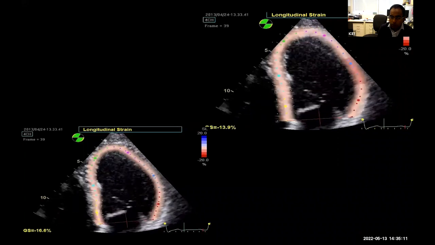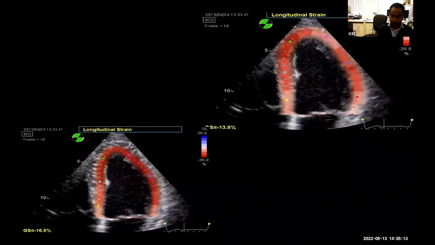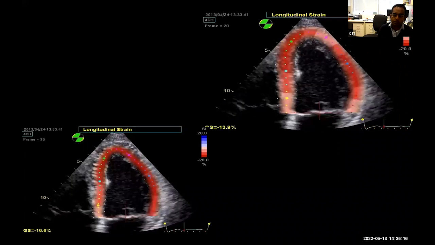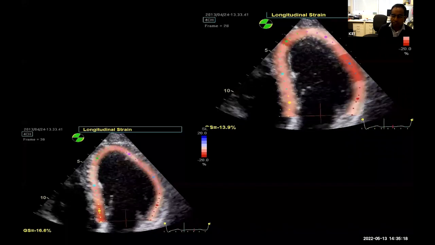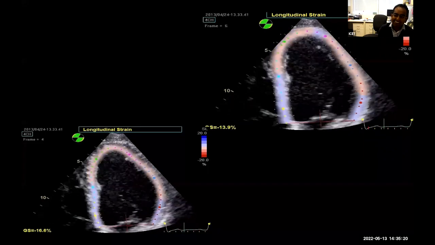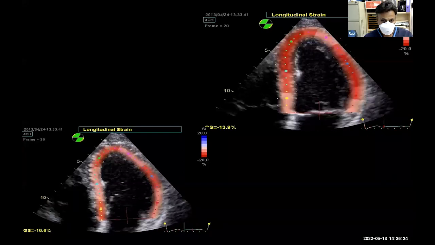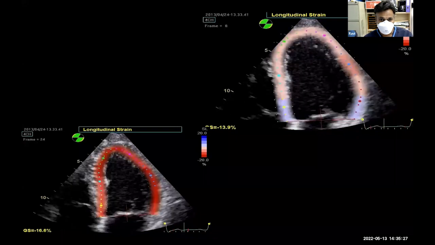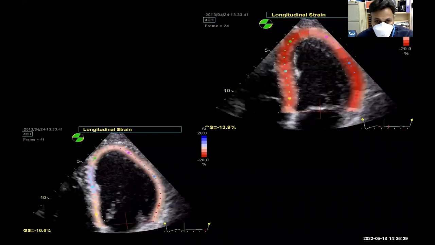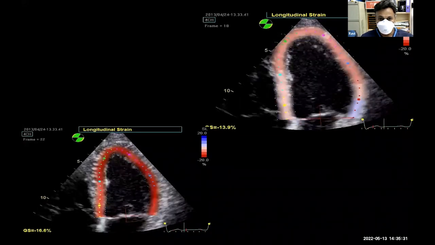Okay, what about in this example? I had to think about this. The region of interest, the top one near the apex, is going out of the window.